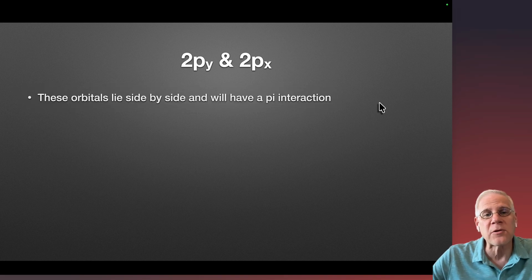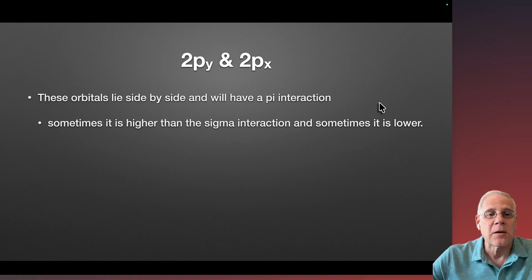Now, 2py's and the 2px's are a little bit different. These orbitals lie side by side, so they will have a pi interaction because they will overlap in two different spots. Generally, a pi interaction is higher in energy than the sigma interaction. However, that is not always the case, and we'll take a look to see when that happens, and we'll also explore why it happens.